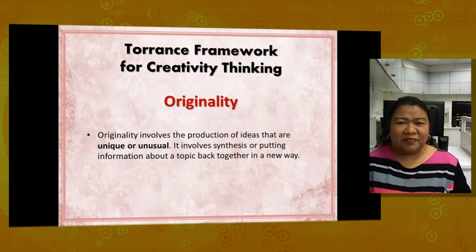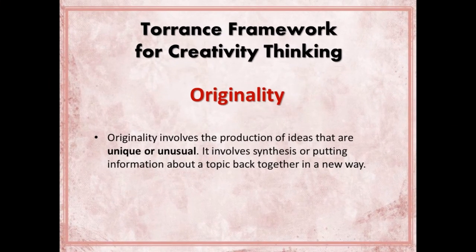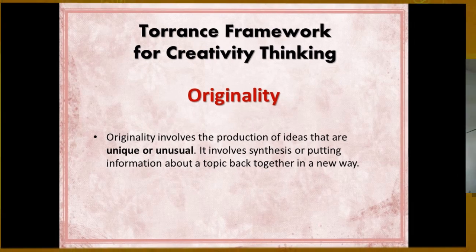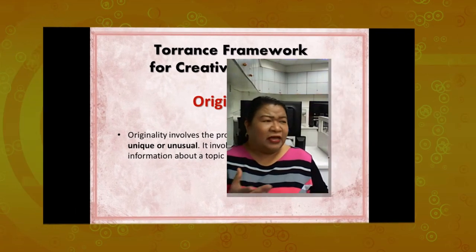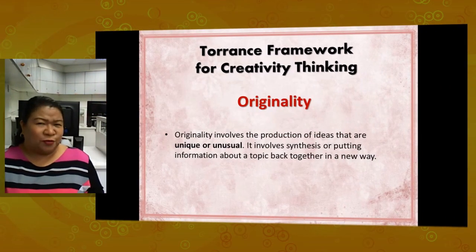Okay. And then the last one is originality. This involves the production of ideas that are unique and unusual. It will involve putting information about a topic back together in a new way. So it's very much related to synthesis or even creating.